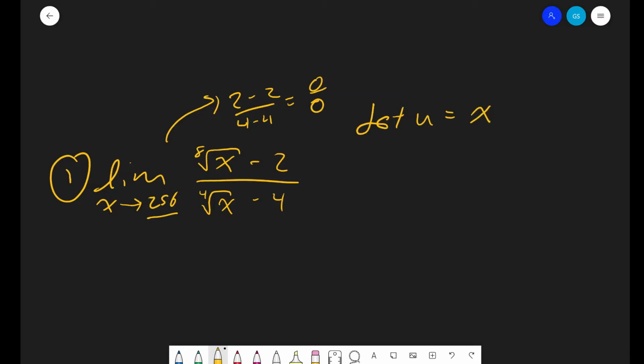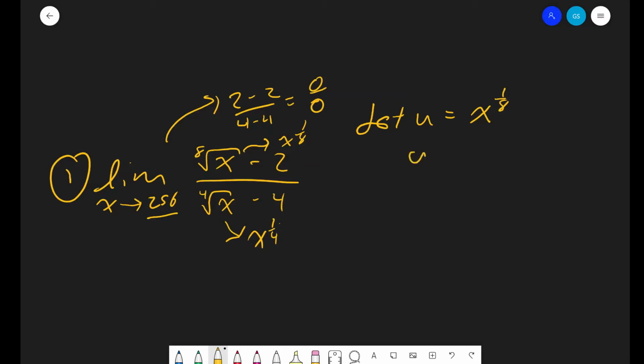Over here we have x to the 1/4, and here we have x to the 1/8, just expressing it in exponent form. We want a common denominator for both of them. For 1 over 8 and 1 over 4, that would just be 1 over 8, so I'm going to say let u equal x to the 1 over 8.